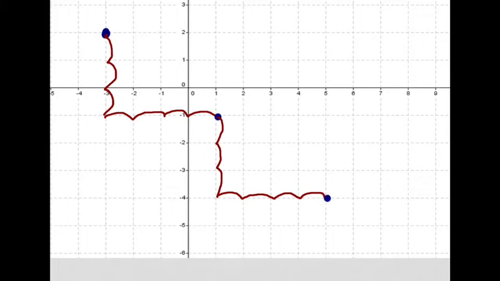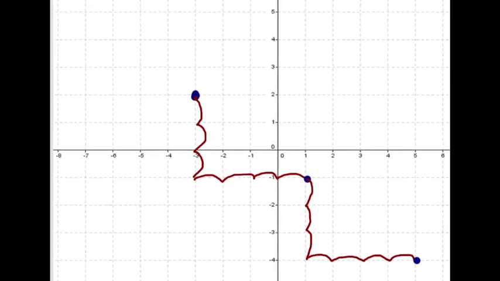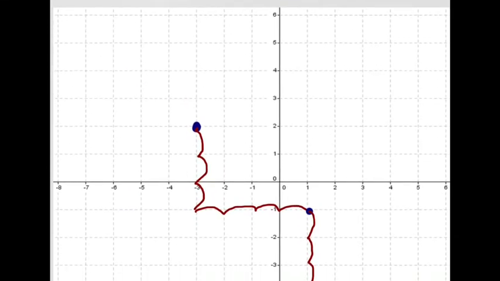With me? Going back to my starting point, if I wanted to go in this direction, what would I do? 4 to the left and 3 up. Just kind of reverse my pattern, right? 4 to the left, 3 up. In that case, we've kind of reversed our directions.